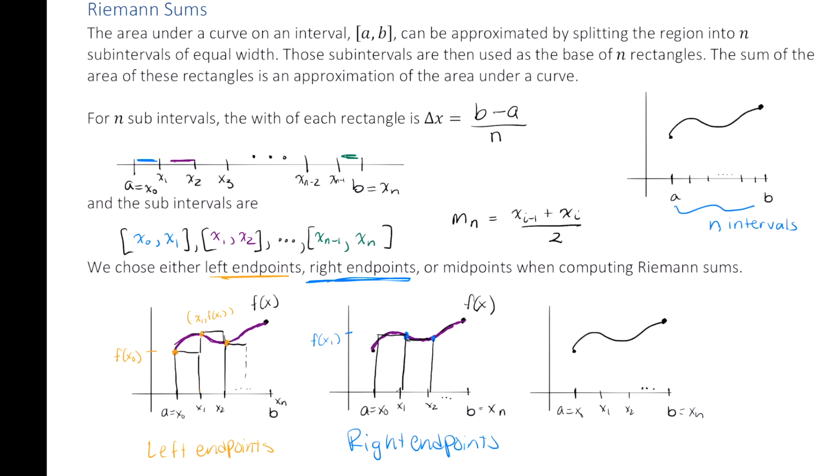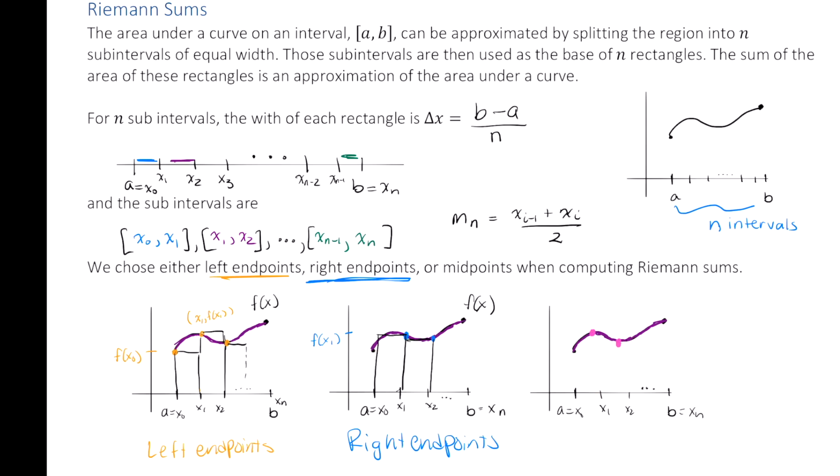A is equal to our x naught, and then I'm going to quickly highlight this in purple just to be consistent. Then my midpoint, rather than choosing this left endpoint of x naught or this right endpoint of x1 as I did in these examples, now I'm going to choose a value right in the middle. That would be this height here. And then for this interval, it would be right about there.